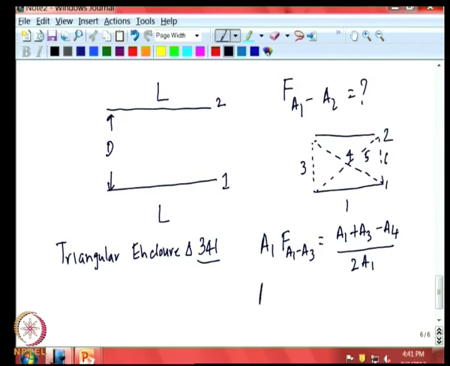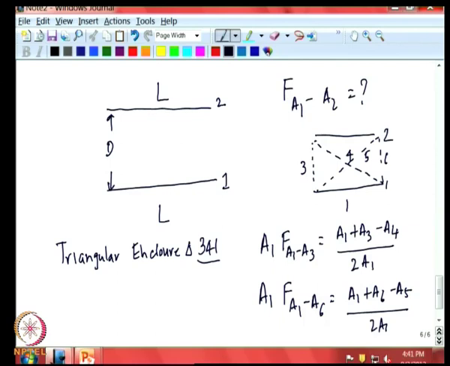So, we can also say A1 F A1 A6 is equal to A1 plus A6 minus A5 by 2A1. So, I have constructed two triangles on the same base of surface 1 and applied the triangle rule for non-concave surfaces and arrived at two expressions.